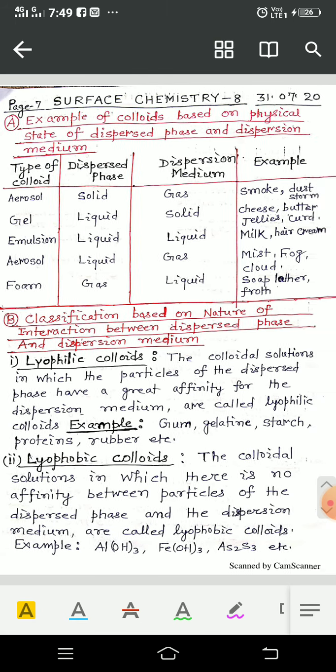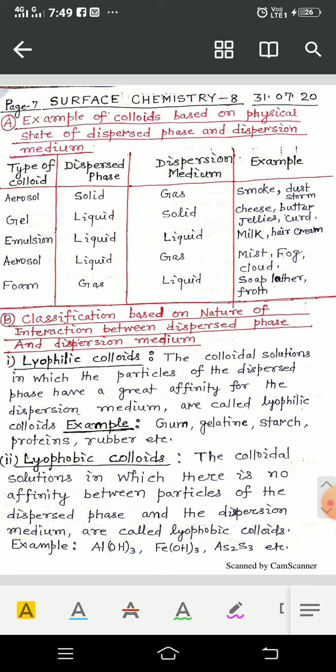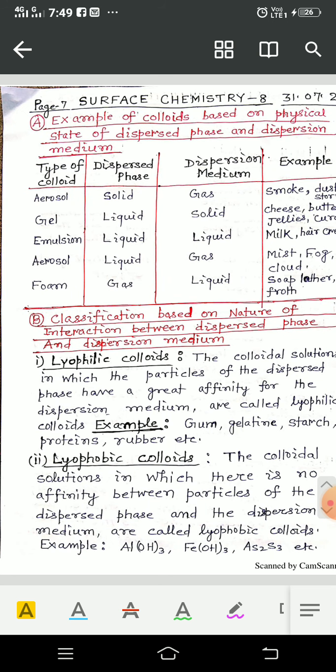Now on page number 7, the examples of colloids, means colloids have been classified in 3 ways. First, on the basis of the physical state of dispersed phase and dispersion medium. Classification based on nature of interaction between dispersed phase and dispersion medium. First, this is the examples, and this is another type of example.